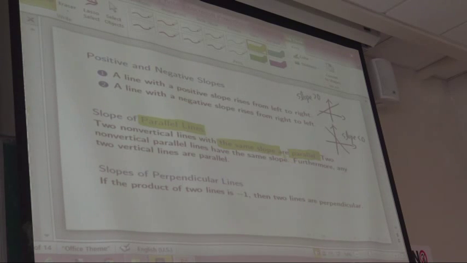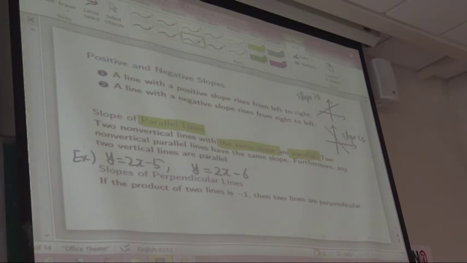When they have the same slope, they are parallel. For example, y equals 2x minus 5 and y equals 2x minus 6.